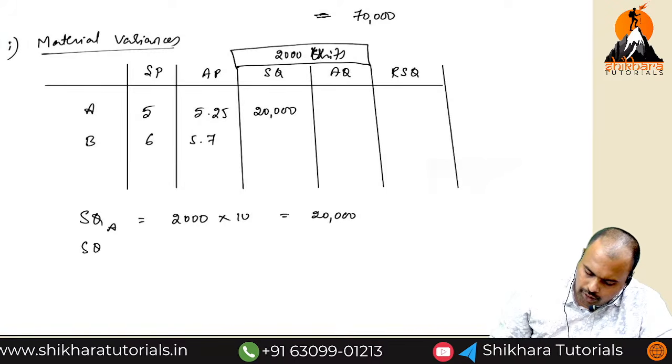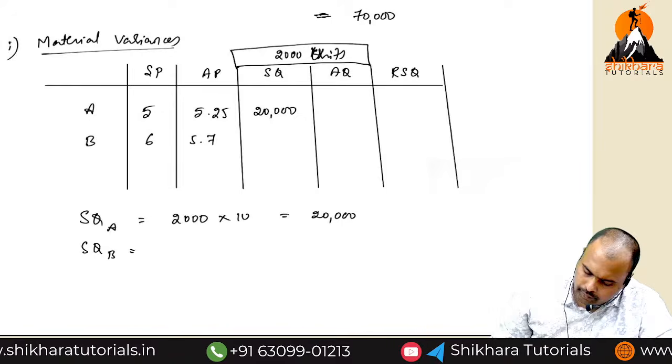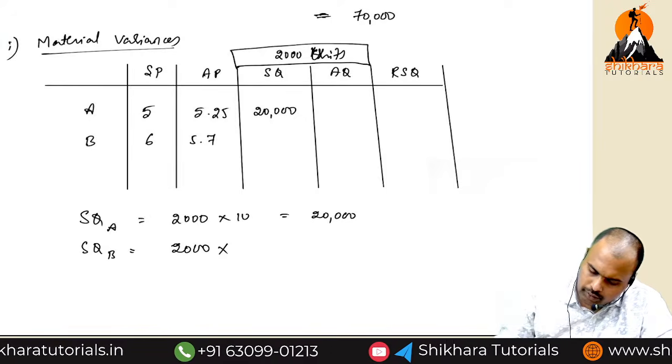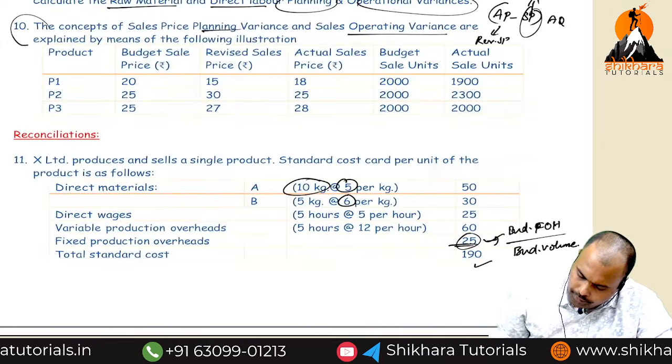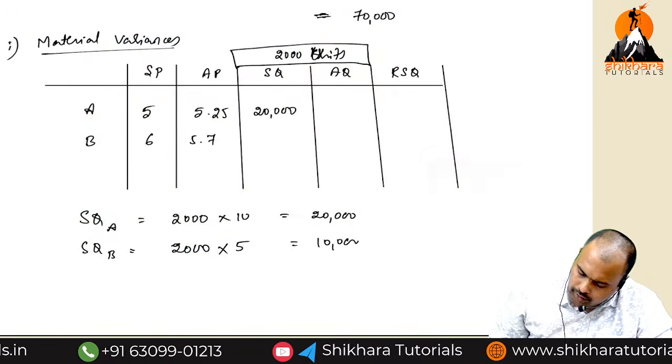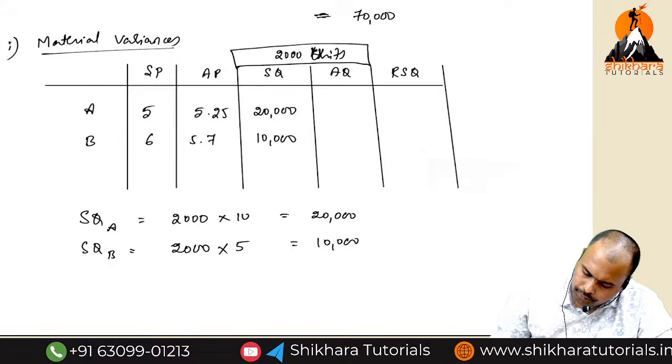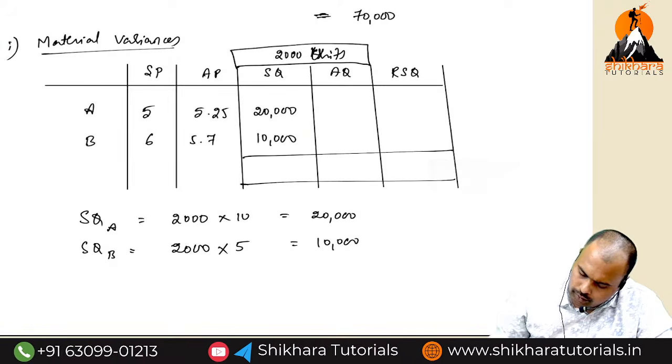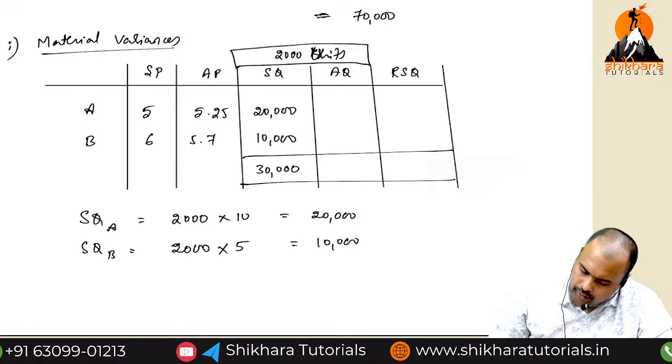Next, what is standard quantity of B? 2000 into, each unit requires 5 kg, so which is 10,000. Totally it has to be 30,000.